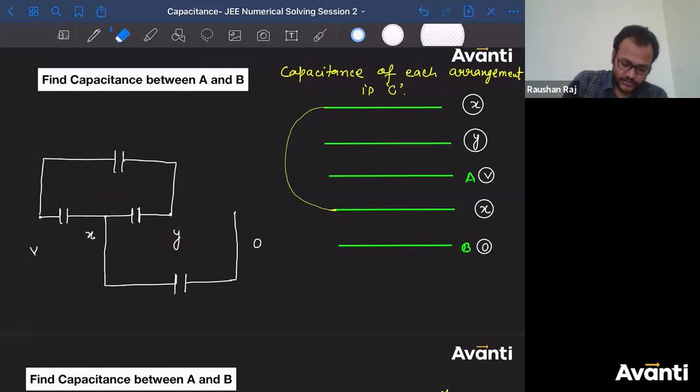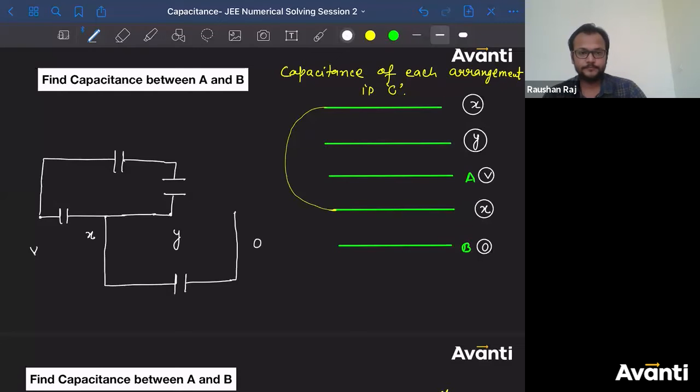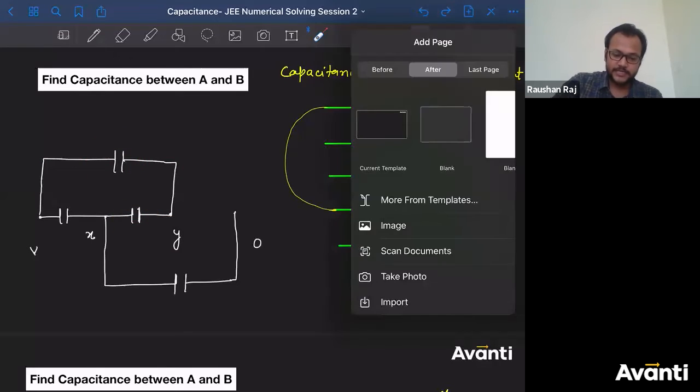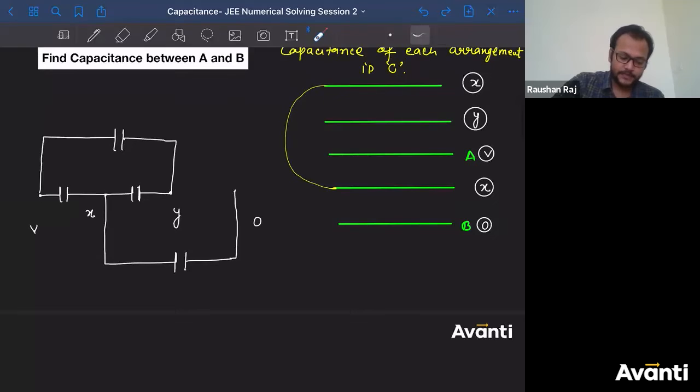I can also draw this capacitor here. There will not be any problem. No issue. Will there be an issue? There will be an issue when you are allotting this potential as Y. But if I consider this as the whole circuit, then I can say this one and this one will be in series. So what will be the equivalent capacitance of these two capacitors?